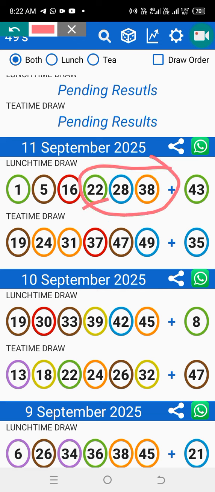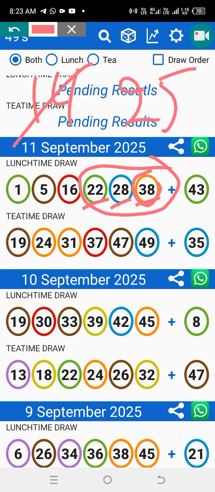Here we have a 4, 10, which is a 14. 14 plus 11 is 25. So our first number is 25. 25 plus 8 is 33. The 25 plus 10 is 35.